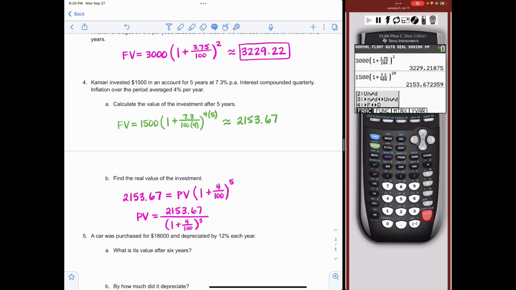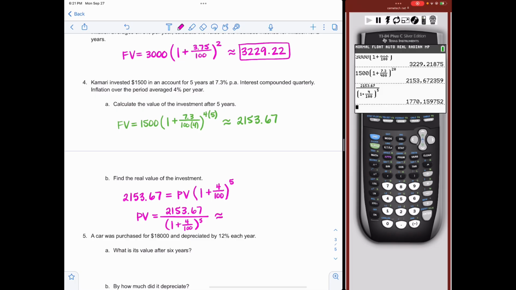So when you put it in, press alpha y equals 2,153.67. And we're going to divide it by 1 plus 4 divided by 100 to the power of 5. Okay, and when we do that, we will end up getting that the real value of that money is approximately $1,770 and approximately 16 cents.